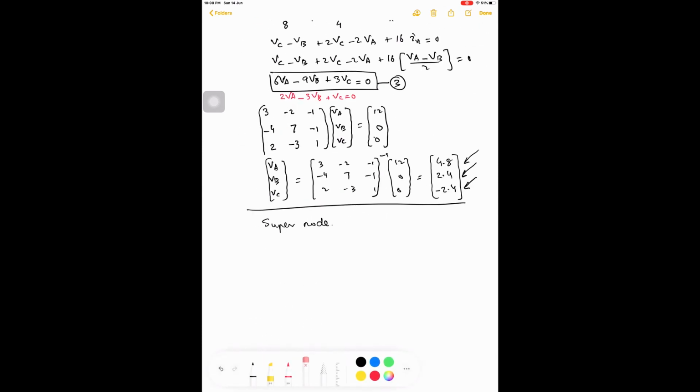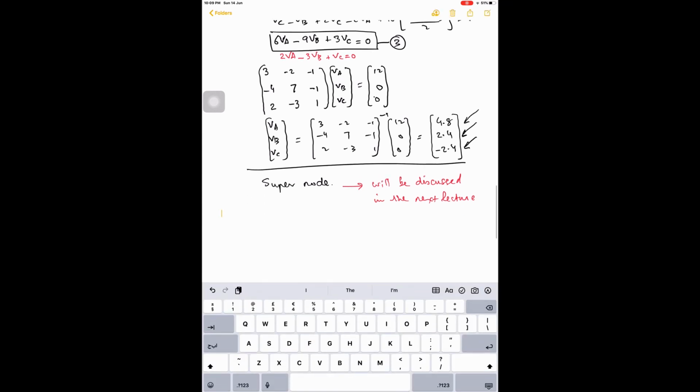I will advise you to follow the textbook to understand the concept of supernode so that you can easily understand it in my next lecture.